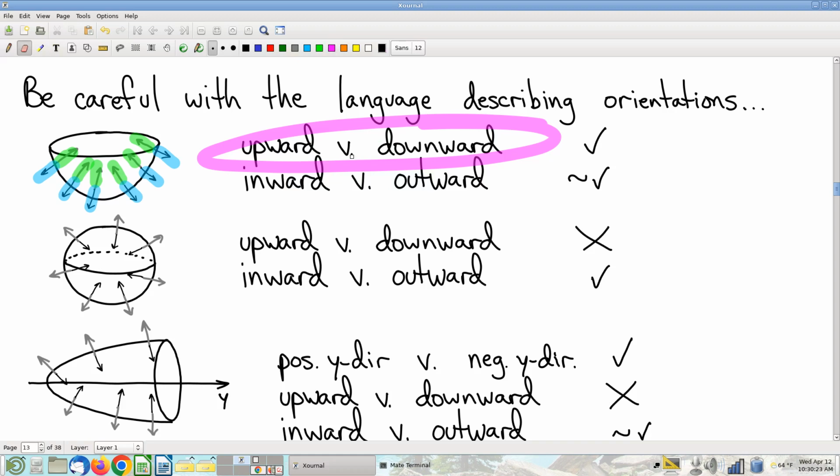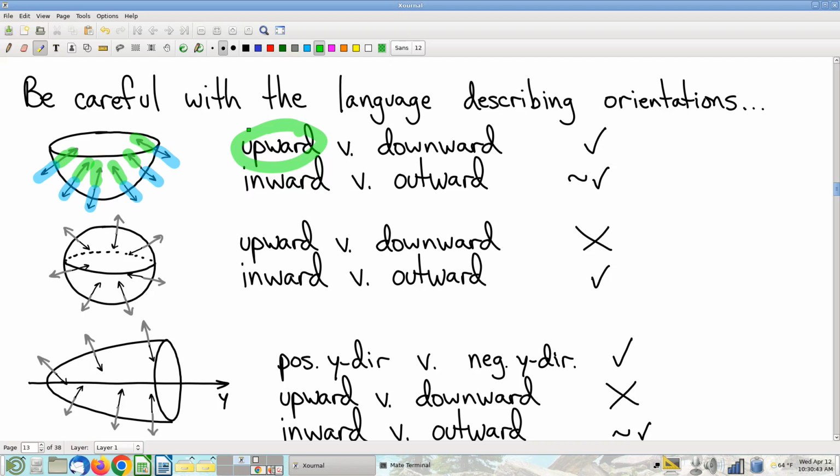But what I can say is that the word upward unambiguously distinguishes the green one from the blue one. All the green vectors are at least somewhat upward. None of the blue vectors are in any sense upward.